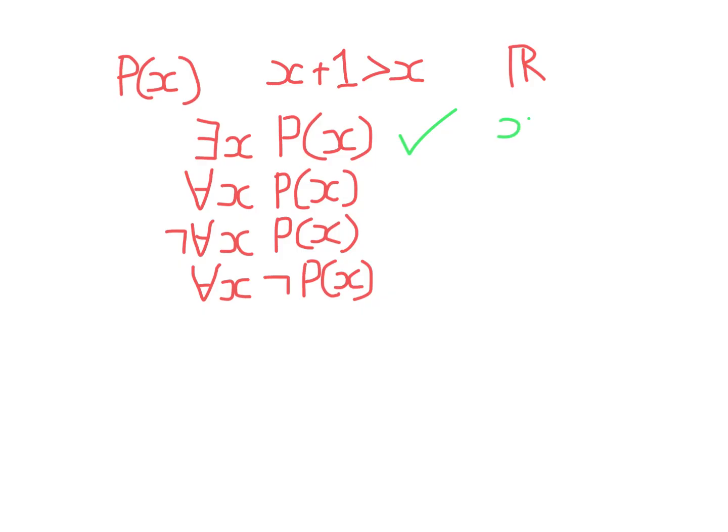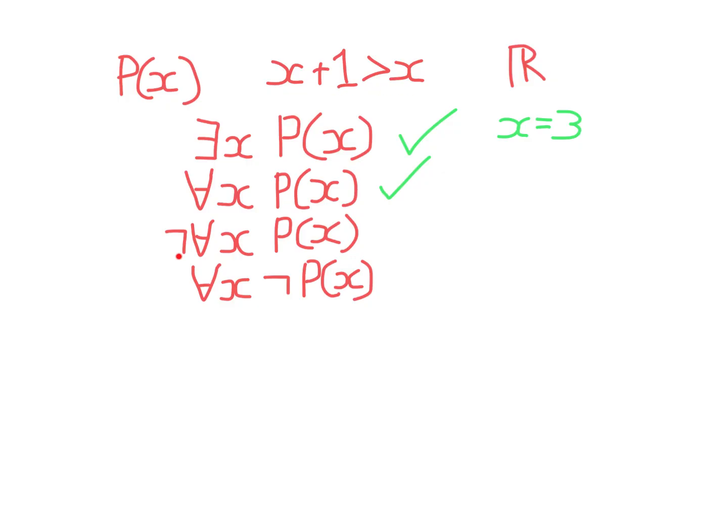An example would be x equals 3, because 3 plus 1 is 4 and 4 is clearly greater than 3. It's also true for all x, P(x). It's true that this property applies to all real numbers. It doesn't matter which real number, if you add 1 to it, you will increase the number.